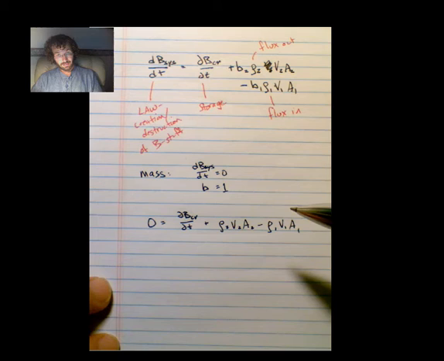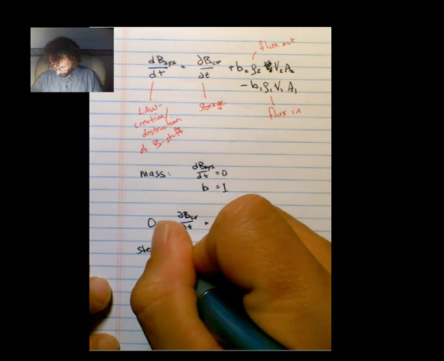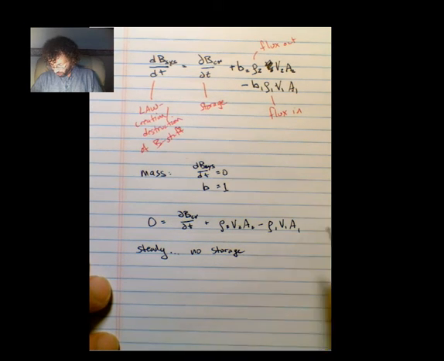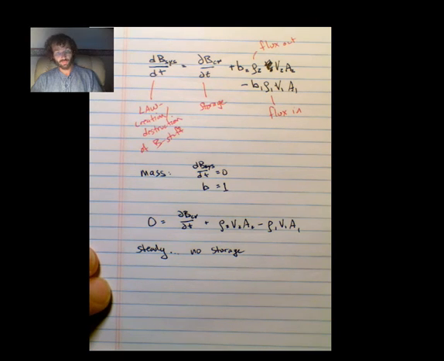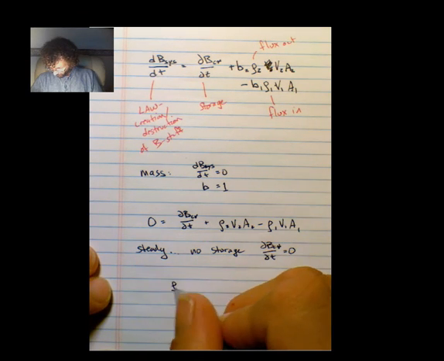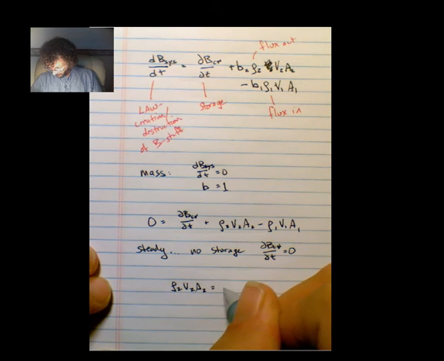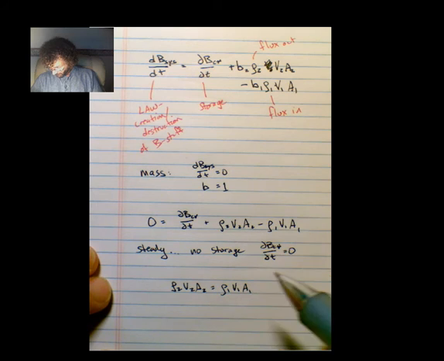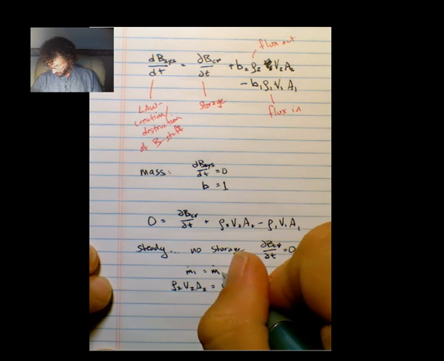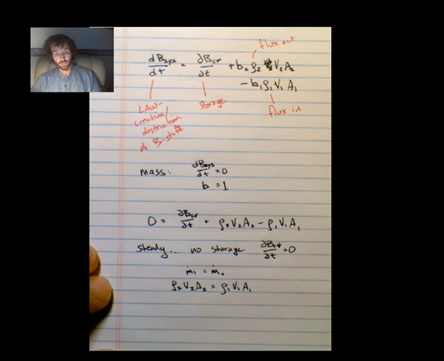If it's steady, no storage, you're not accumulating any mass in this control volume, dB control volume dt is equal to 0. And we have then that rho 2 V2 A2 is equal to rho 1 V1 A1, which is something we introduced previously as m dot 1 is equal to m dot 2, and kind of used in conjunction with analyzing different systems with Bernoulli's equation.